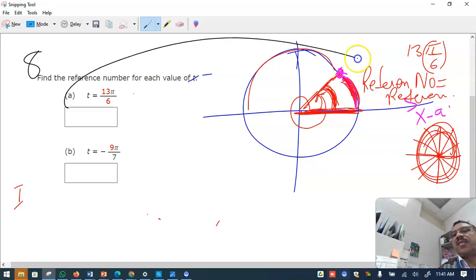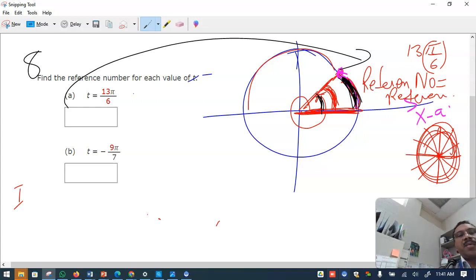So the first one is easy. You got it because that's the short distance, and the distance on the unit circle is the same thing as the angle, however many radians it is. So the reference angle and the reference number are the same.